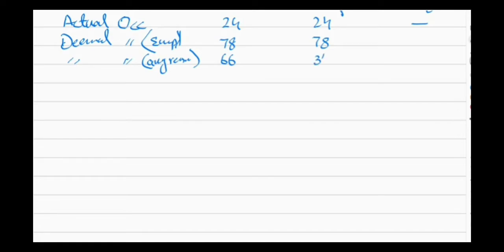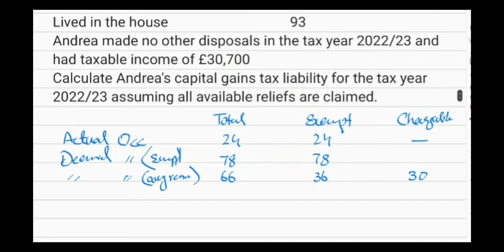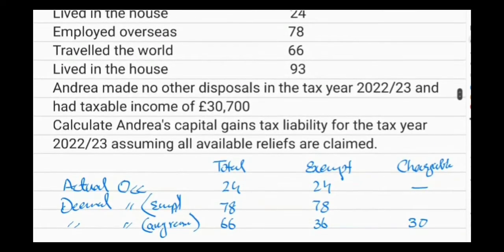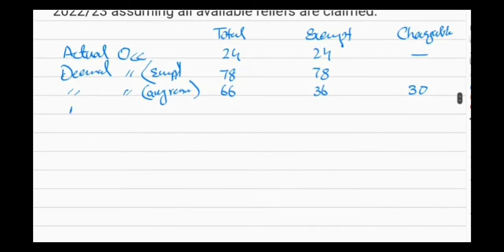So out of this, 36 months are deemed occupied and the remaining 30 is chargeable. Again, because we are allowed a period of 3 years for any reason to be considered as a period of occupation. Now lived in a house 93, so it is actual occupation, and so it will be exempt.